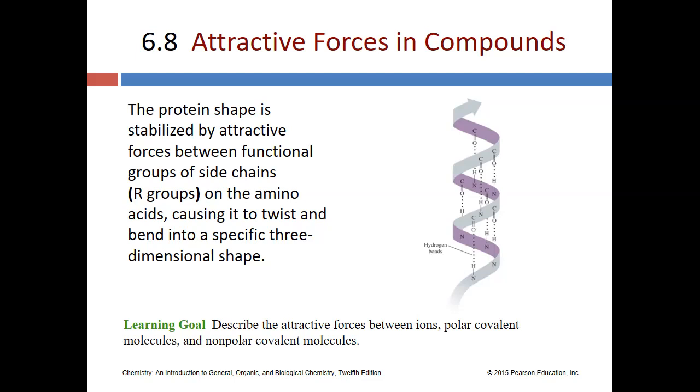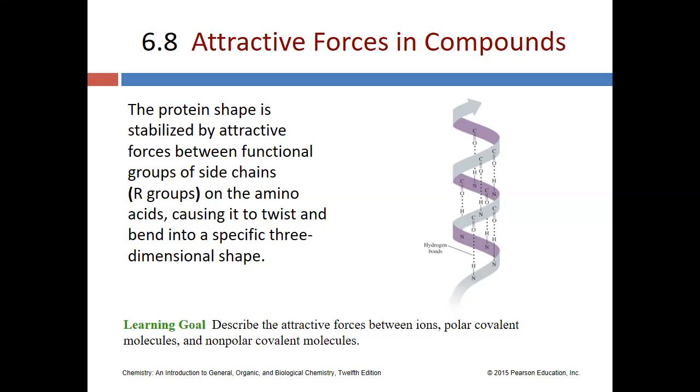So the whole reason we are even mildly interested in polarity from a bonding standpoint, why we care about electronegativity at all, is because of this. We know that certain kinds of compounds are naturally more attracted to each other than other kinds of compounds are.